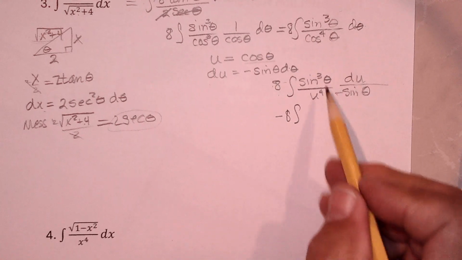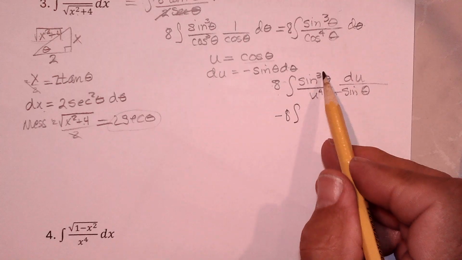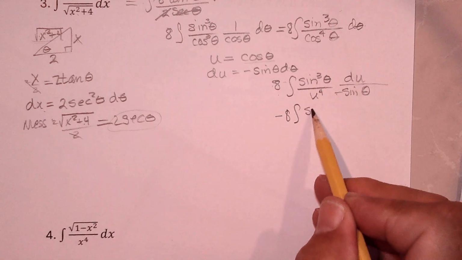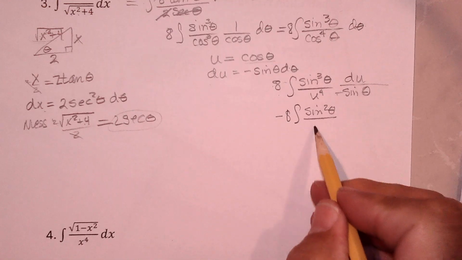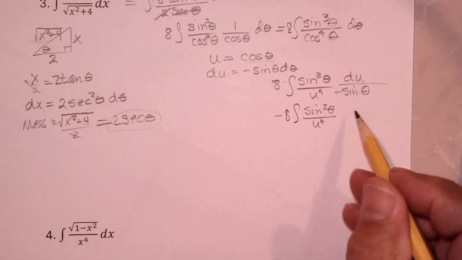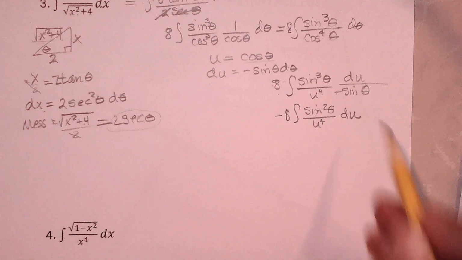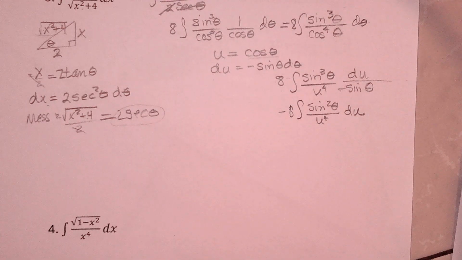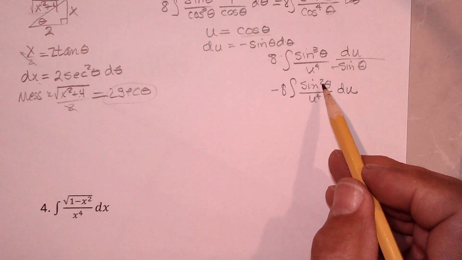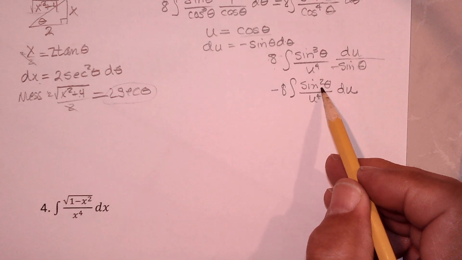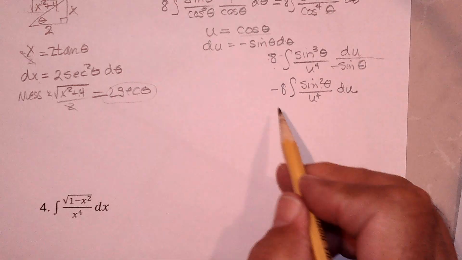And I have one of the sines cancel, so I'm going to have sine squared theta over u to the 4th du. But sine squared is 1 minus cosine squared, if you remember the Pythagorean theorem in the trig.